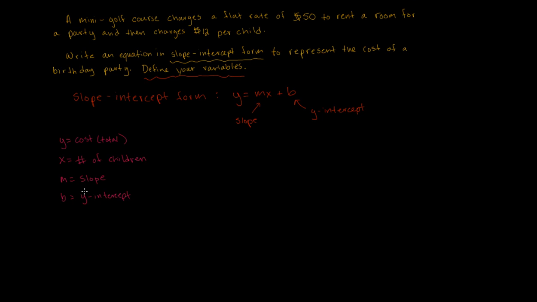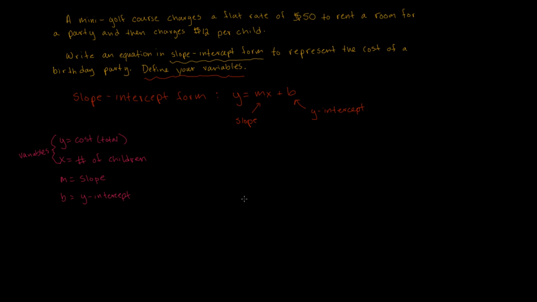Now, normally you really don't have to define m and b because they're consistent no matter what the equation is, but I'm just putting them there for fun. The ones that you truly need to always make sure that you define are these guys. You've got y and x, because these are the ones that change all the time. These are actually the variables for any equation in y equals mx plus b form.